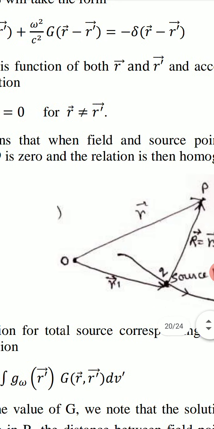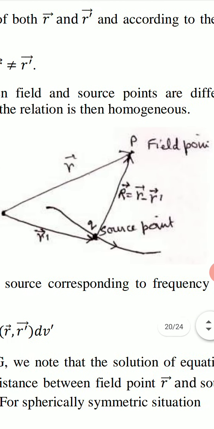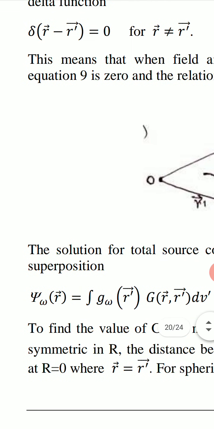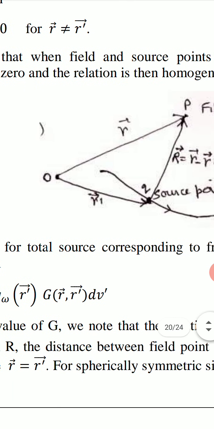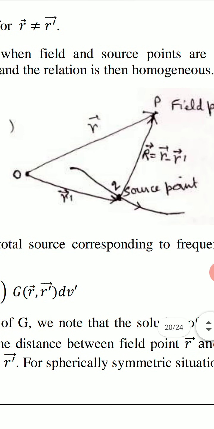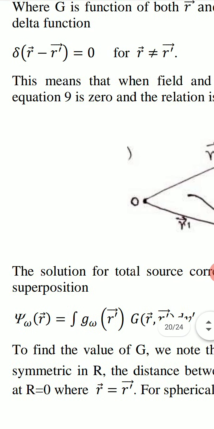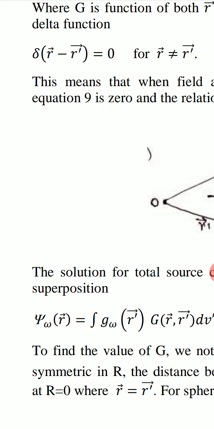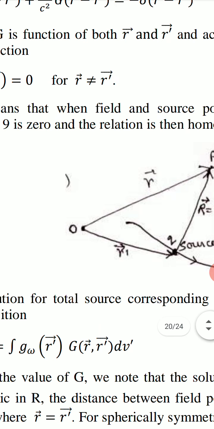This means that when field and source points are different, the right hand side of equation 9 is 0. If field point and source point are different, R vector is not equal to R dash vector, then this Dirac delta function delta R minus R dash is 0.